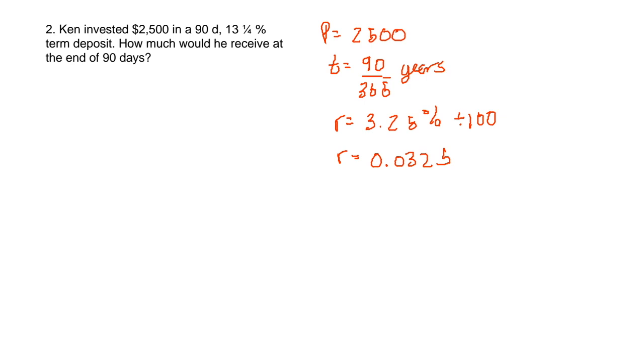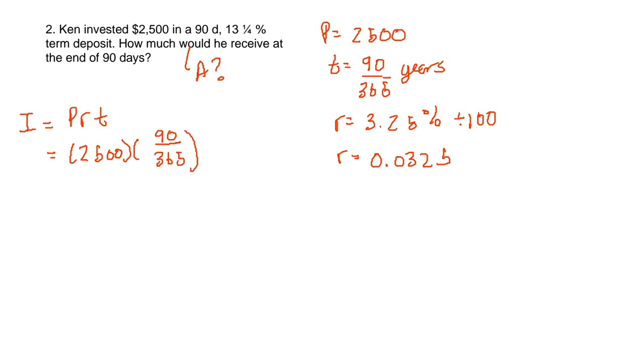So how much did he receive? Again, we're being asked to find the amount. But in order to do that, we're going to calculate our interest first. So our interest is P times R times T. My principal is 2,500. My rate is 0.0325. And my time is 90 over 365.